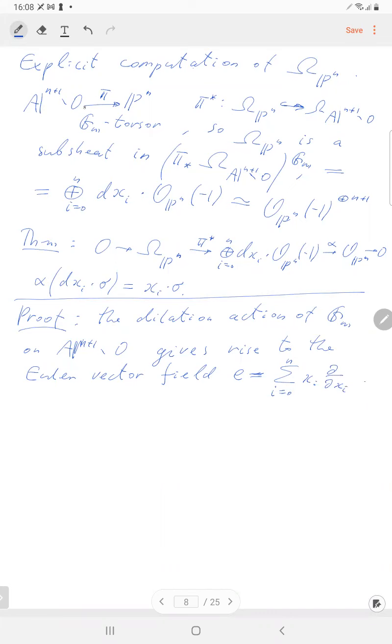Since our forms are pulled back from the quotient model of this action, they are orthogonal to this vector field.